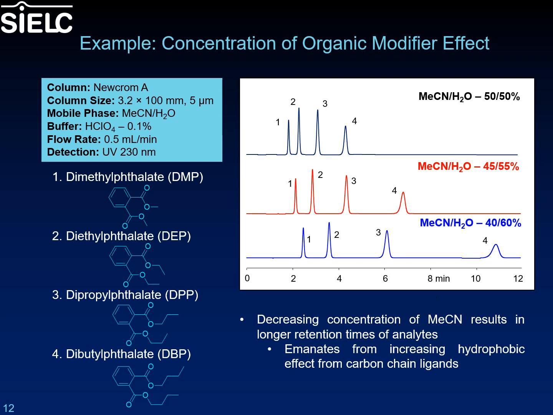In this example, we are using a Newcrom column to separate out 4 different alkylated phthalates. But the purpose of this example is to demonstrate the effect of the concentration of the organic modifier on the separation of compounds.